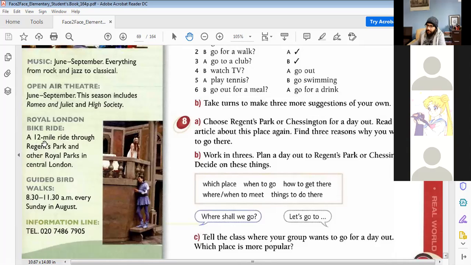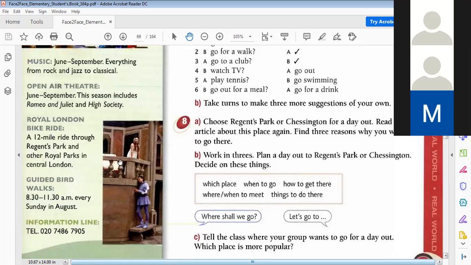I think almost 20, maybe. 20 or 19, something. And is this a long distance or a short distance, this bike ride? What do you think? Long. It's very long, right?